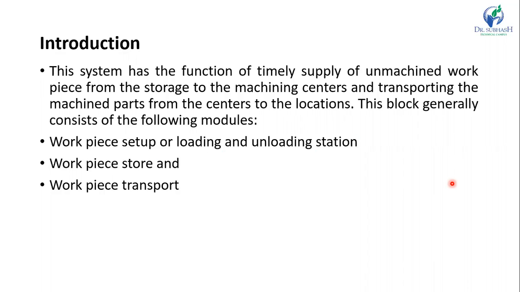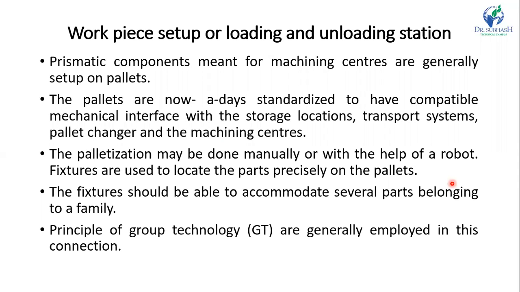This block generally consists of three modules: workpiece setup or loading and unloading station, workpiece store, and workpiece transport. Now let us see the workpiece setup or loading and unloading station.